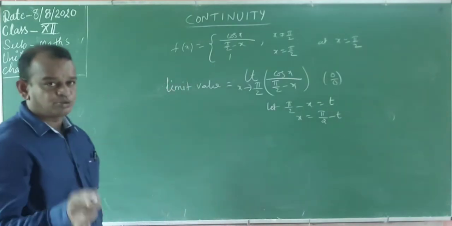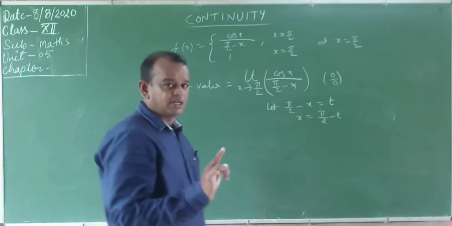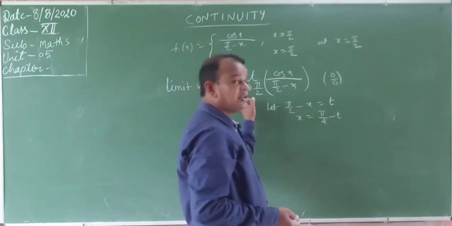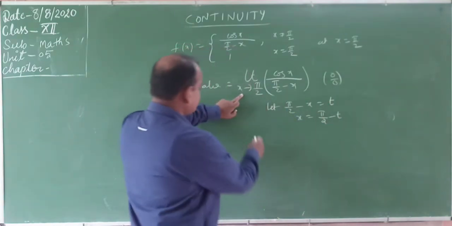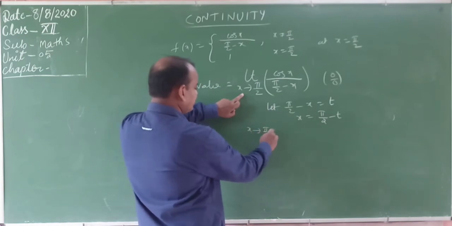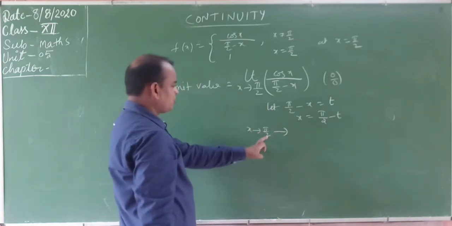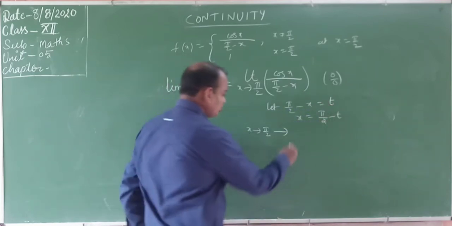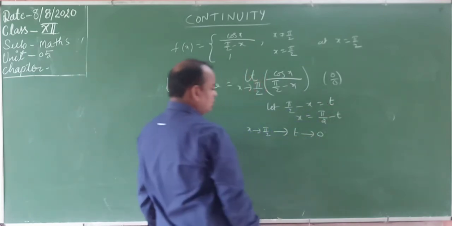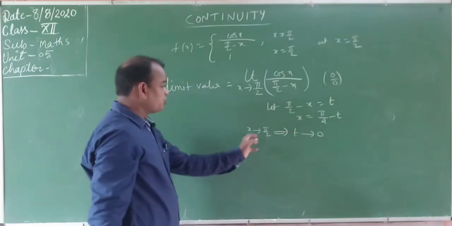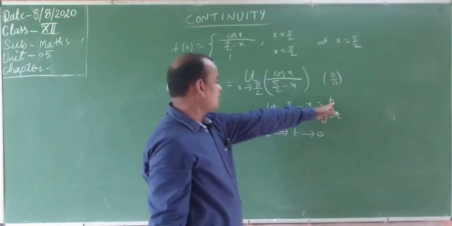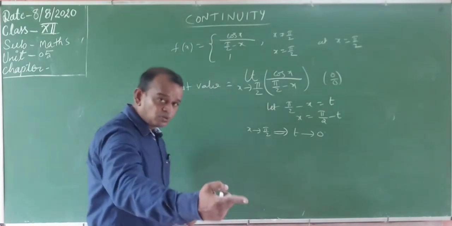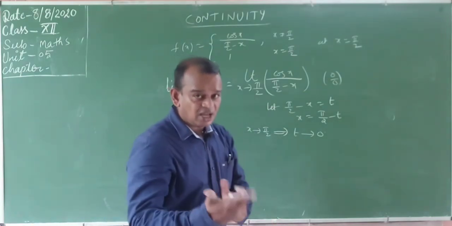Whenever you take a substitution, 100% you will change the limit. Now x tends to pi by 2 means t approaches 0. Whenever x reaches pi by 2, t reaches 0.